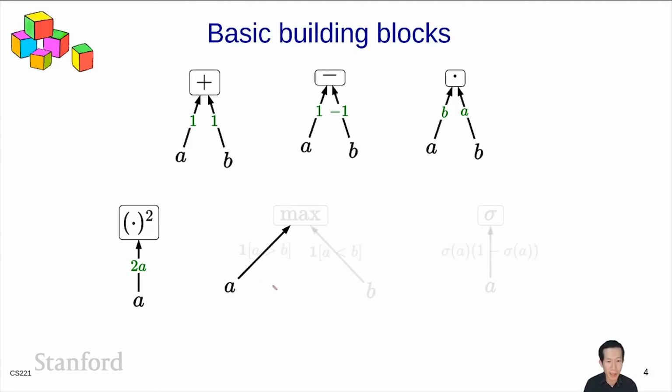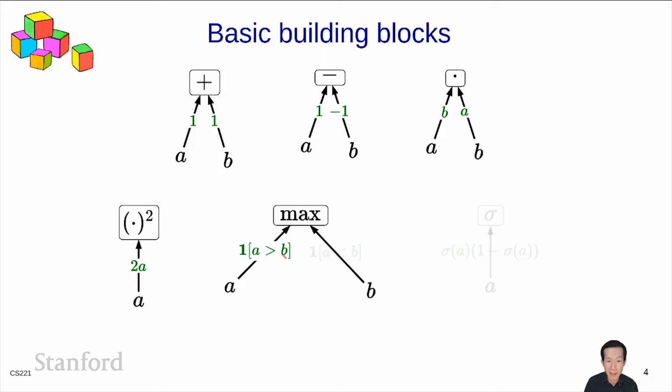Let's consider A and B where you take the max. Okay, so this one, let's think about this. If I add epsilon to A, how's that going to change the max? Well, if A is greater than B, then it's just going to change the max by epsilon.